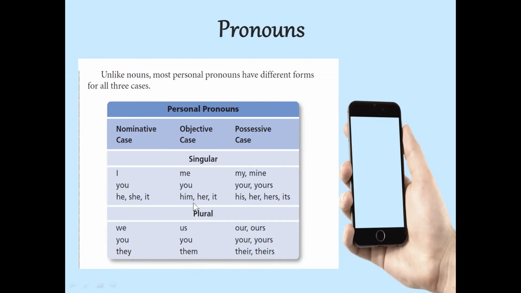Me, you, him, her, it, us, you, and them, the objective case. But the possessive: mine, your, yours, his, hers, her, hers, its, our, ours, your, yours, their, and theirs for the possessive cases.